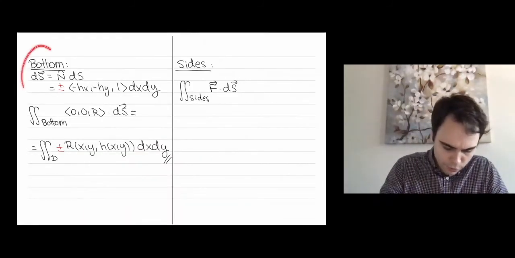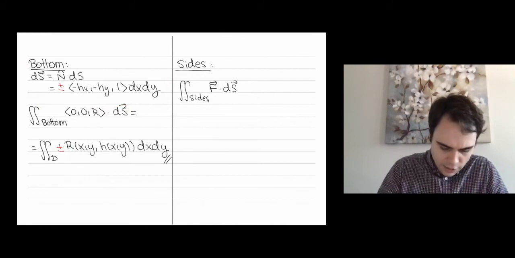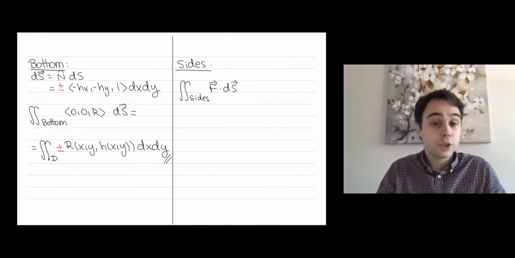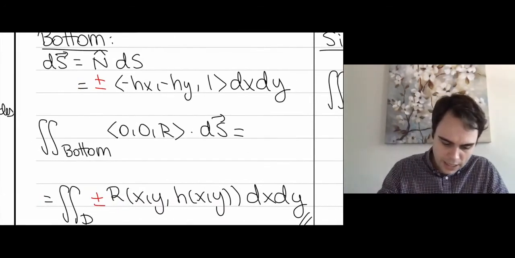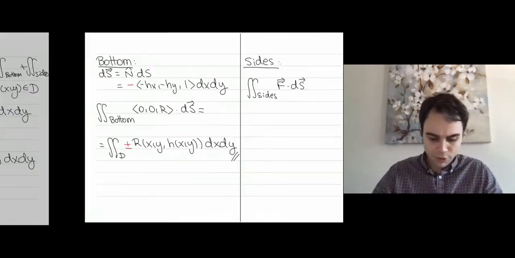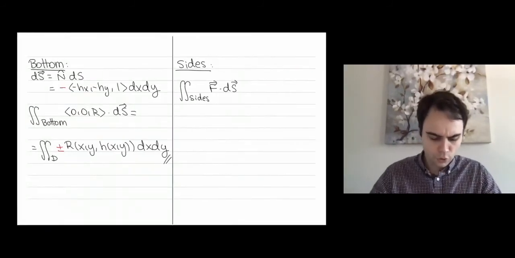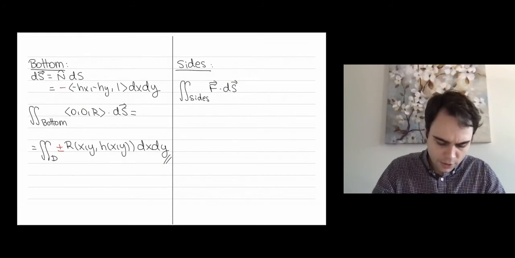Well, the double integral over the bottom is exactly the same thing, but this time the function is h instead of g. That's one difference. The other is that at the bottom, I want the normal to point down. The outward normal at the bottom points down. So I want the third component of n dS to be negative.